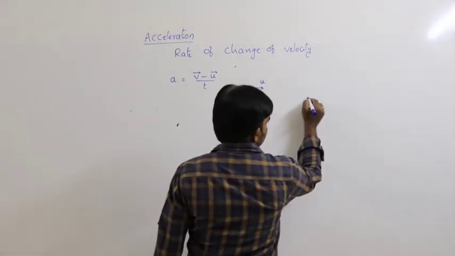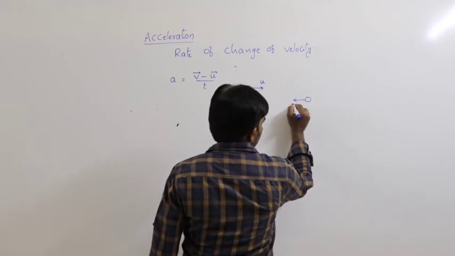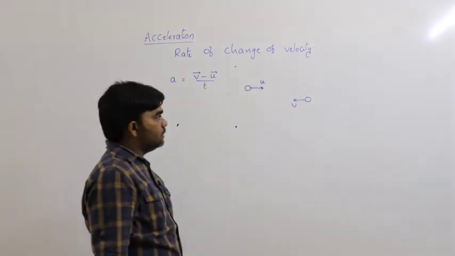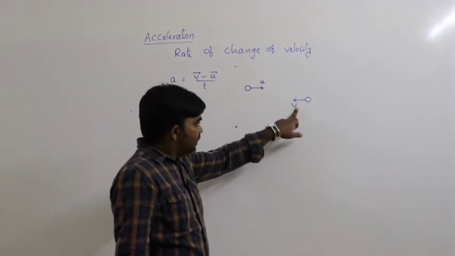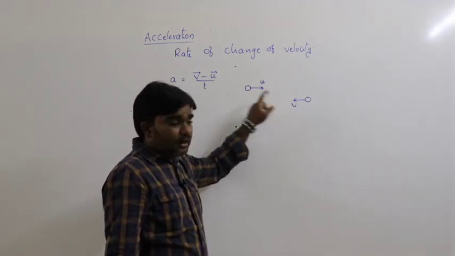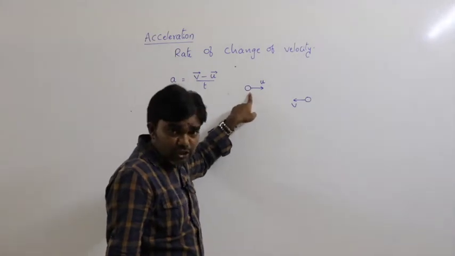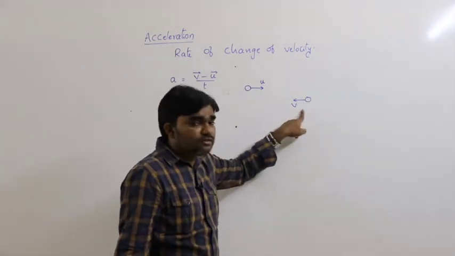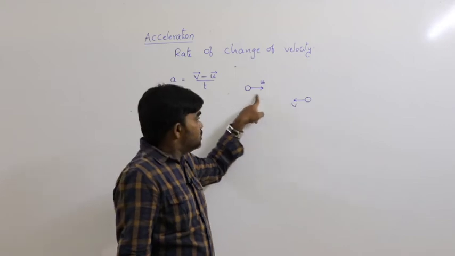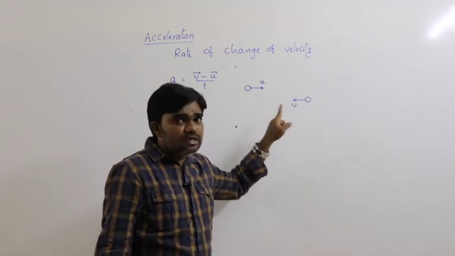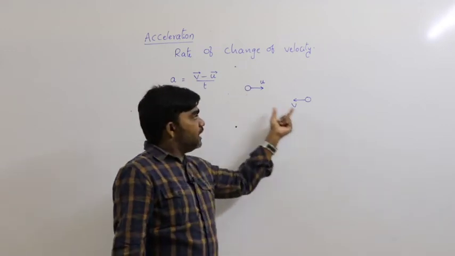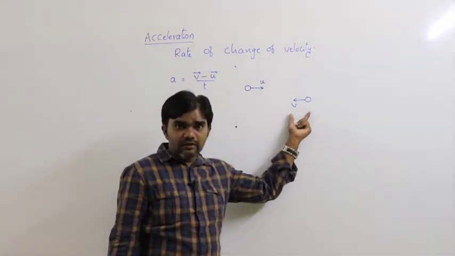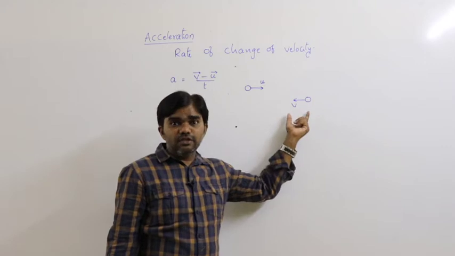After a certain time, the motion of the body is like this, and this velocity is v. This is the initial situation, and this is the final situation. Initial and final conditions are exactly opposite in direction.